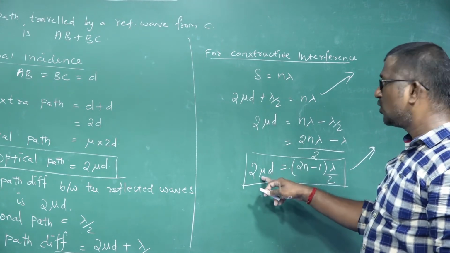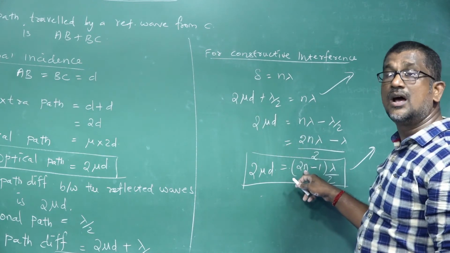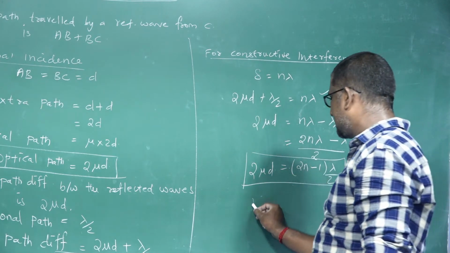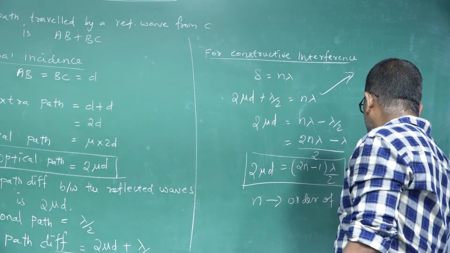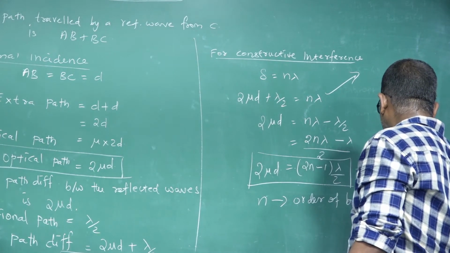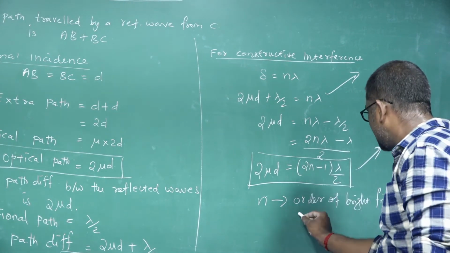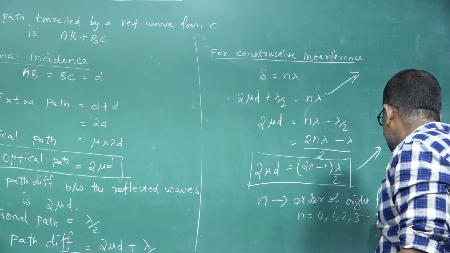Mu is the refractive index of the thin film, d is the thickness of the thin film, and n is the order of bright fringes. Its value is 0, 1, 2, 3 and so on.